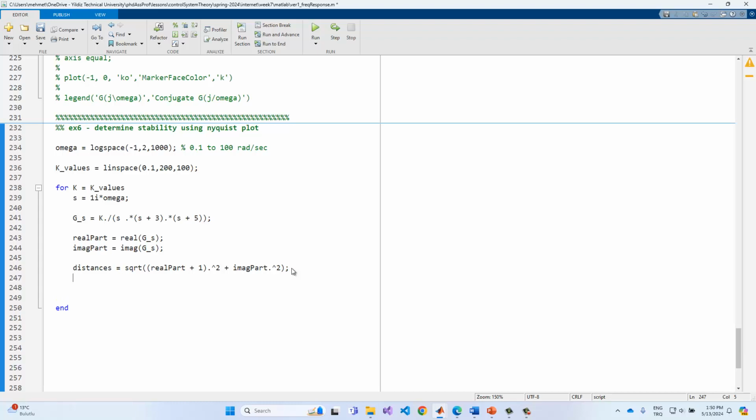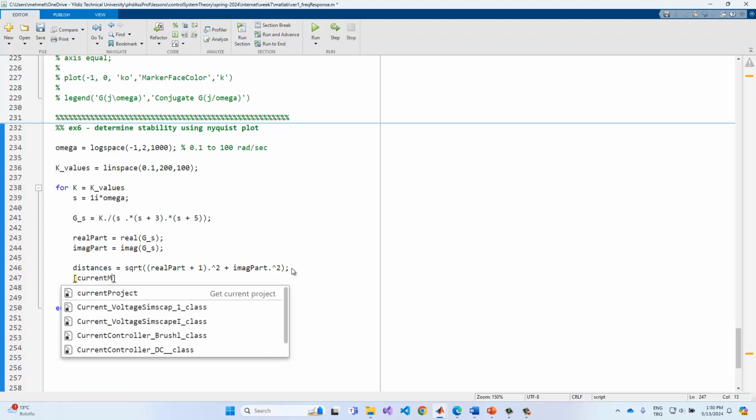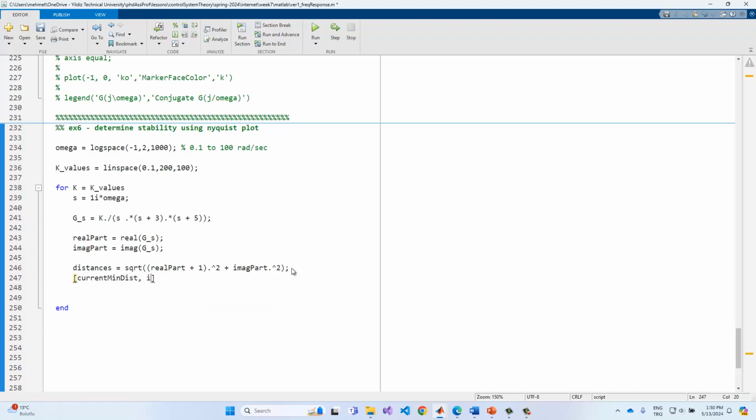stability region. And so the current mean dist and IDX can be given with the mean distance, okay?